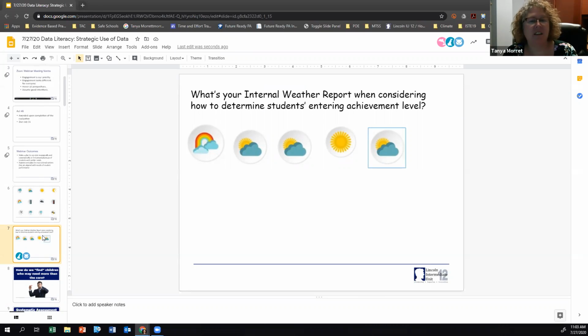And if you can paste your weather report into the slide, that would be fantastic. I'm glad I don't see any storm clouds or lightning or typhoon or hurricane, right? Some of this is not new for us. This is an opportunity for us just to continue to hone our skills. So thank you for sharing. I appreciate the positive outlook.